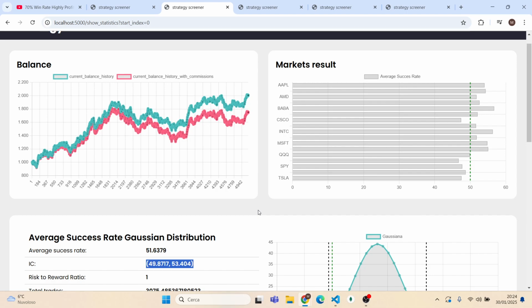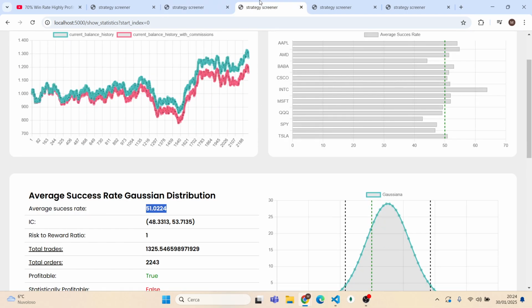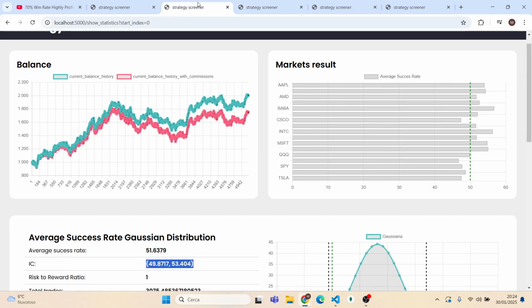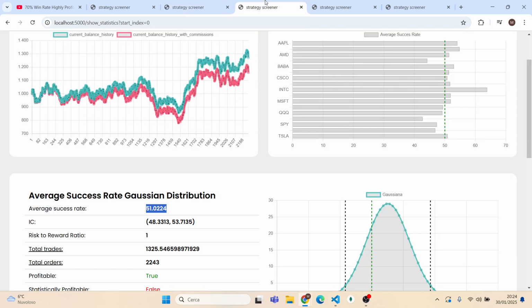The risk that it's overfitted is always present. You cannot make it zero, but at 95%, you cannot say that these two average success rates are different.